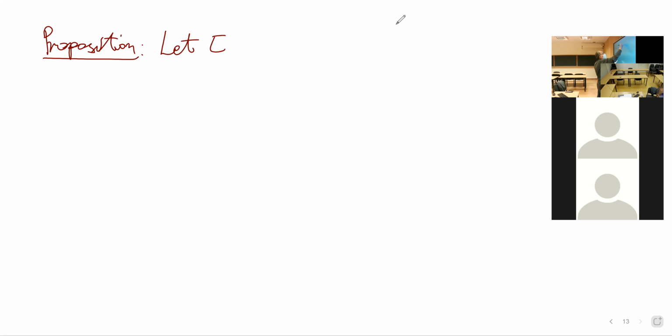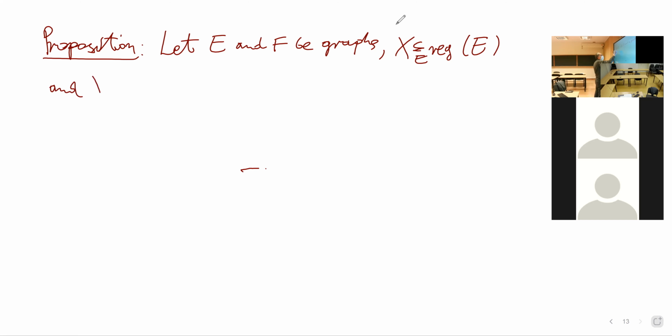So let E and F be graphs. I want XE to be a subset of regular vertices in E. I want XF to be a subset of regular vertices in F. And I take a graph homomorphism, a graph morphism.